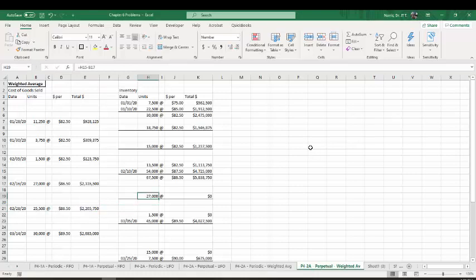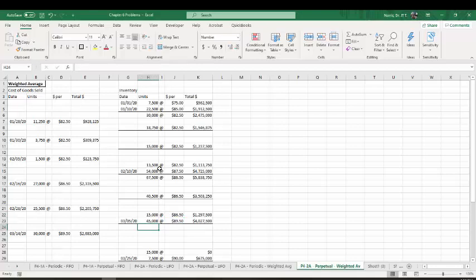So our total number of units after that February 16th sale is 40,500 at an average cost of $86.50. Then we sell 25,500 units, leaving us with 15,000 units at the average cost of $86.50.